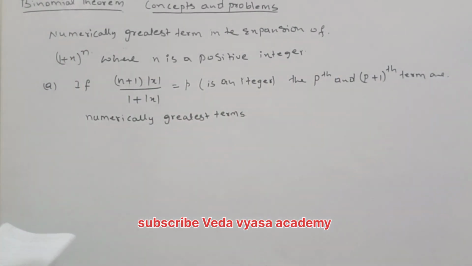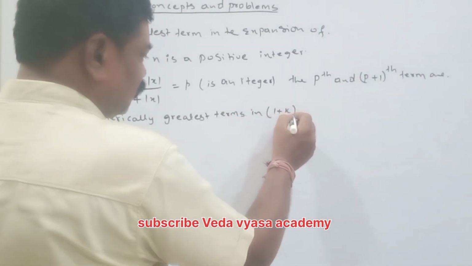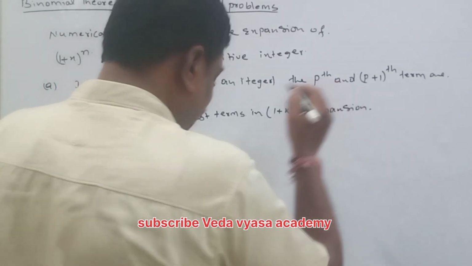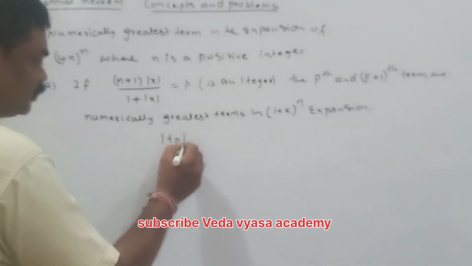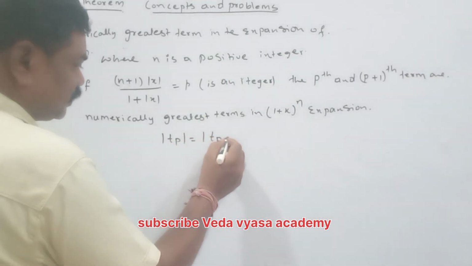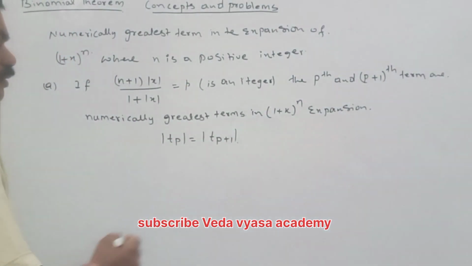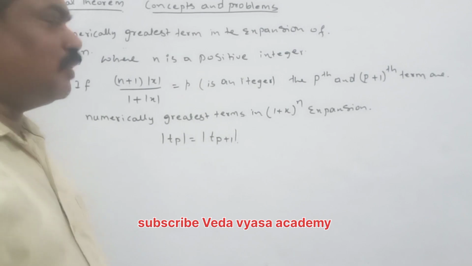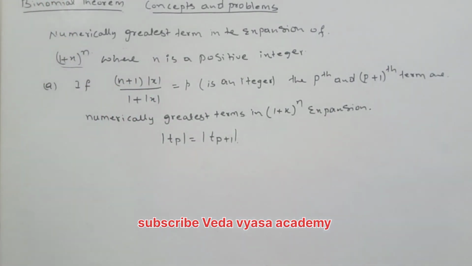But here in the (1 plus x) whole power n expansion, mod tp is equal to mod t(p plus 1). So these two numerically greatest terms are equal.